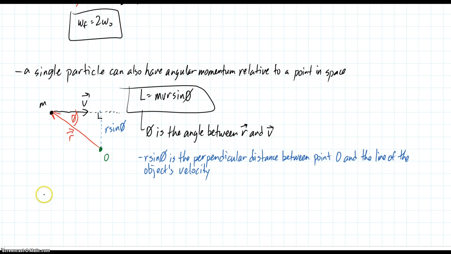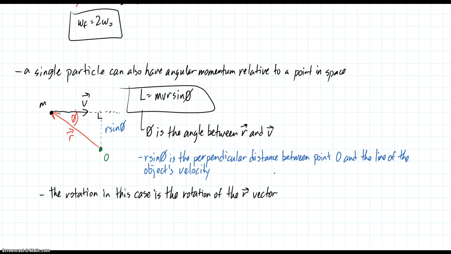And so the rotation here is the rotation of the r vector, but is still angular momentum in the same sense as for a solid object that is rotating.